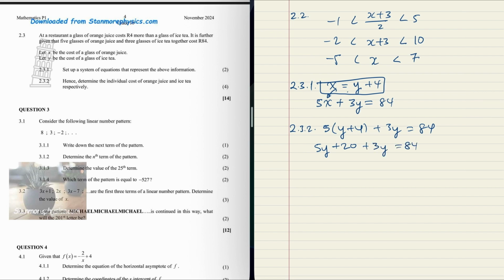So 5Y plus 3Y is equal to 8Y, and 84 minus 20 is 64. So Y is equal to 64 divided by 8, which is 8. That means X is equal to 8 plus 4, which is 12.